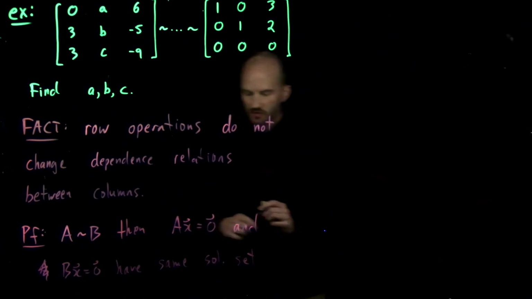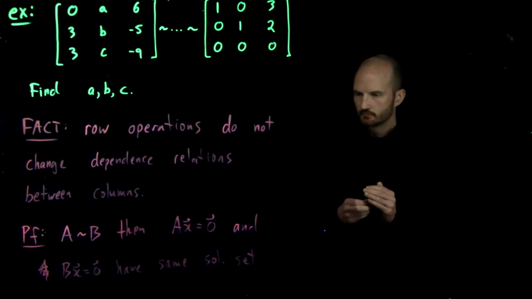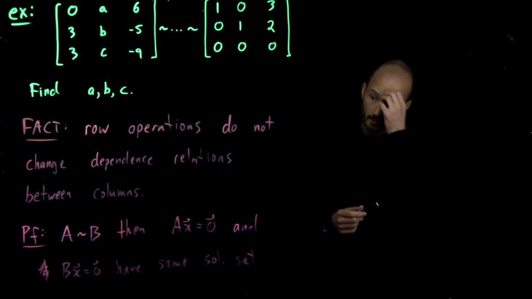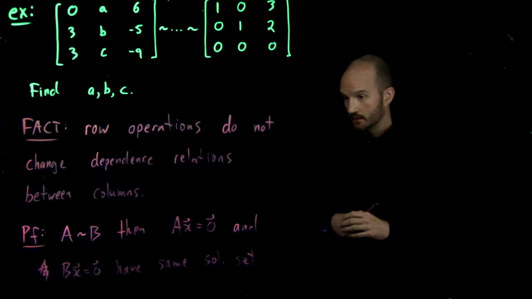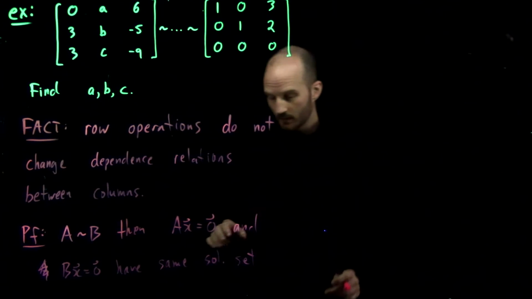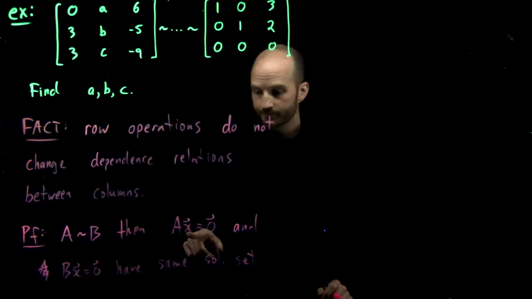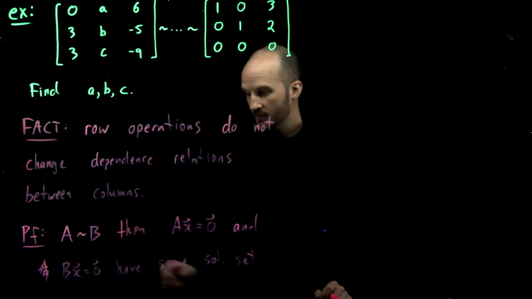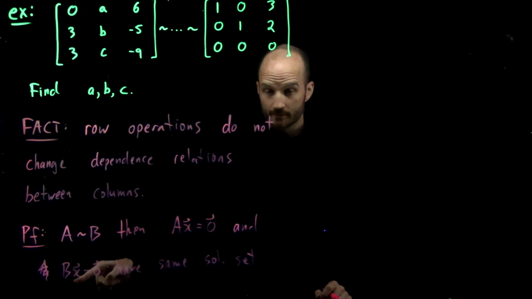Those two systems are going to have the same solution set. Again, that is saying that if I take an X here that passes this test, then that same X is going to pass this test.